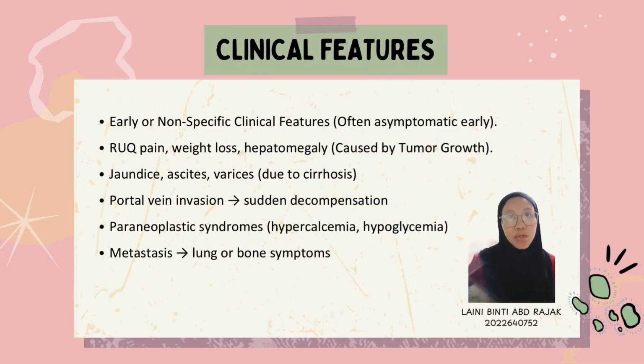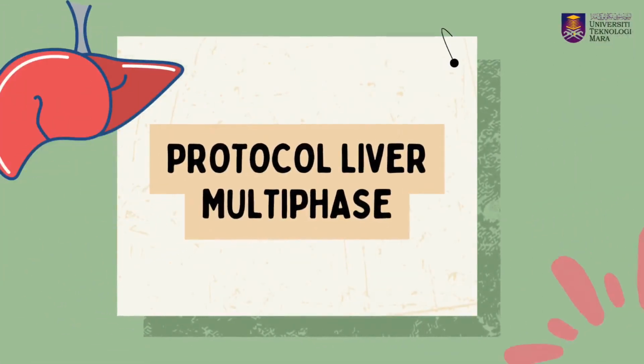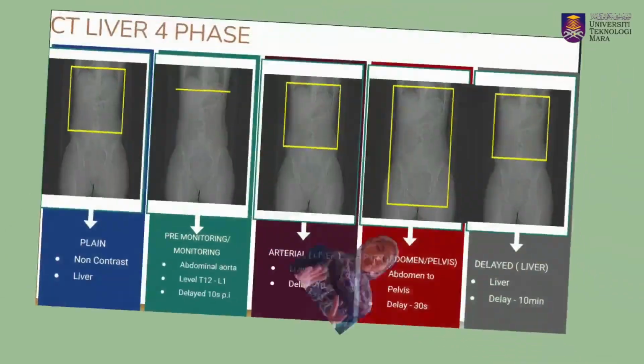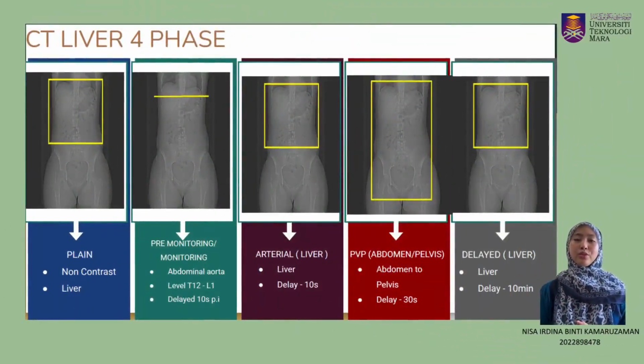So Nisa, to evaluate these features in detail, CT imaging is crucial. Can you explain how the CT protocol is performed for HCC? Sure, the CT protocol for HCC uses multi-phase liver imaging, which is essential for capturing the vascular behavior of the tumor.